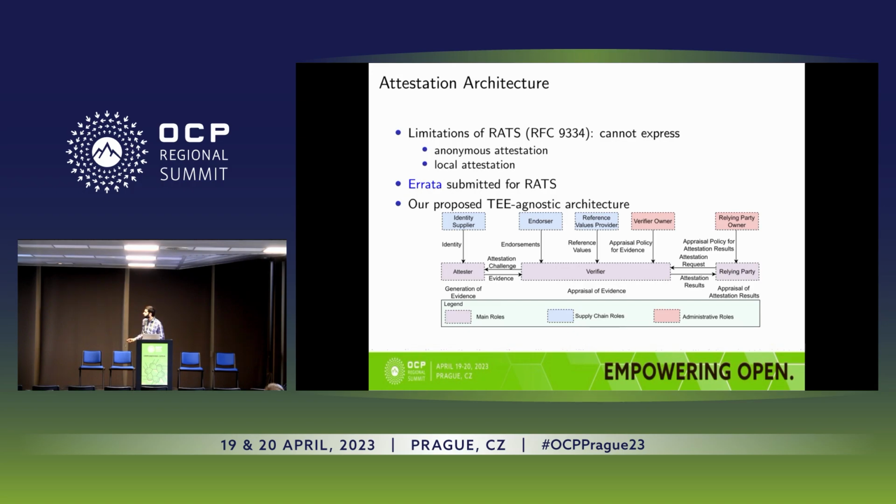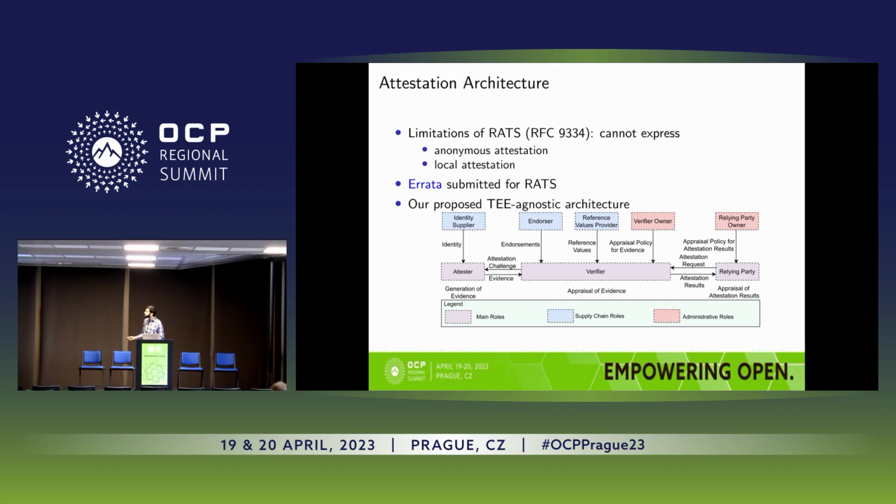Basically, the changes that we make to the existing architecture are, first of all, we add another role, the identity supplier, which provisions a cryptographic identity to the attester, and it can be static or dynamic. So it basically takes care of the provisioning step that I showed in the approach. This part comes from the RATS architecture itself. And by adding this role, we take care of the anonymous attestation.